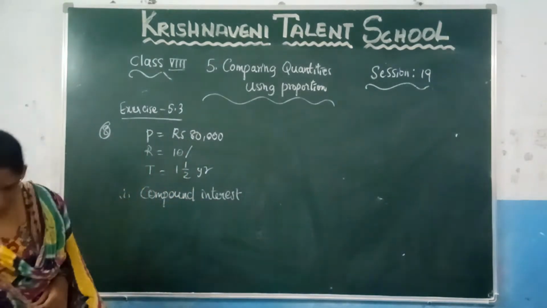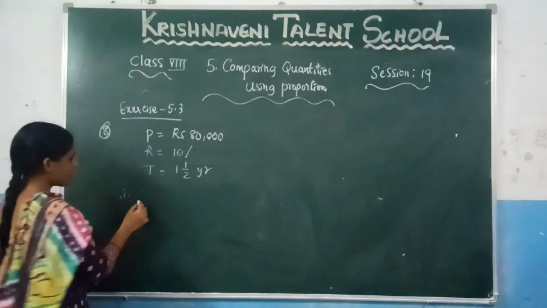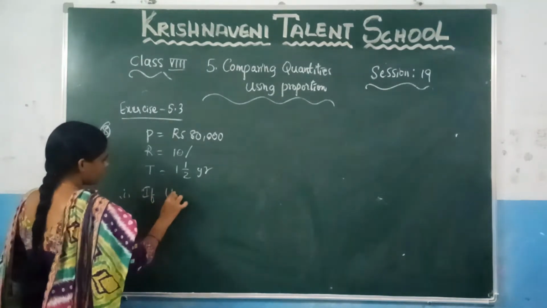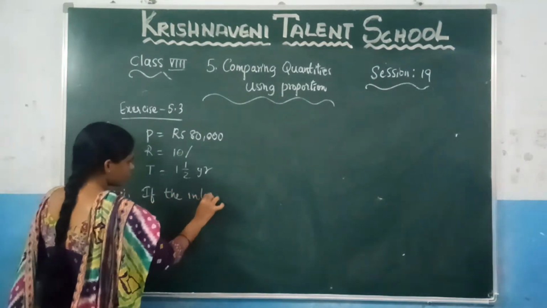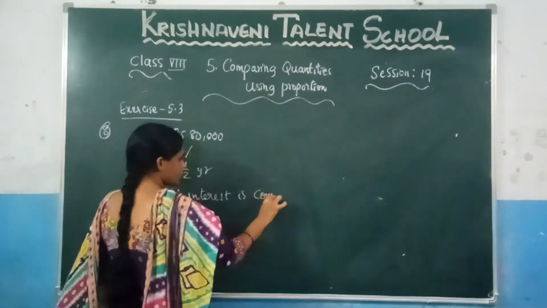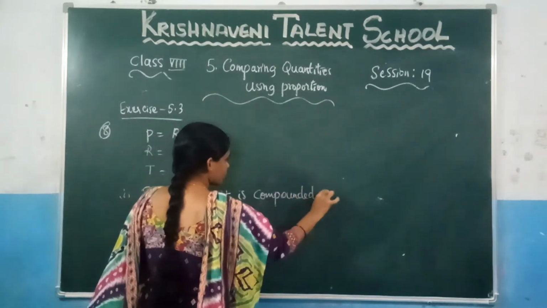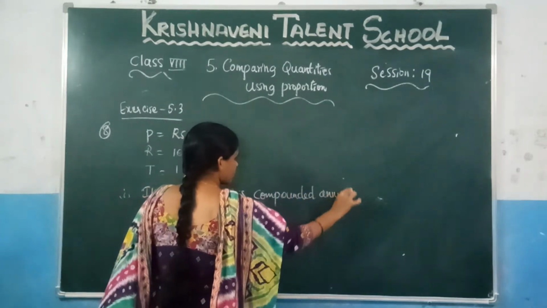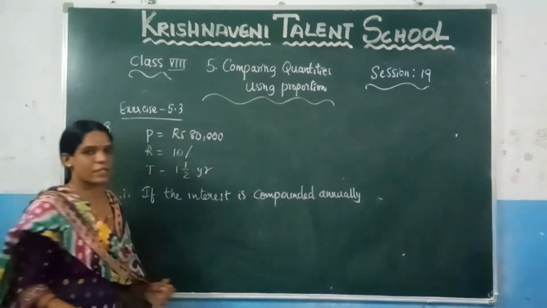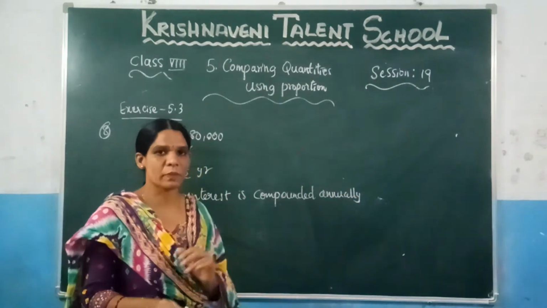Or you can write it here, if the interest is compounded annually. This is the first one we are doing here. So first we are calculating if the interest is compounded annually, what should be the amount.